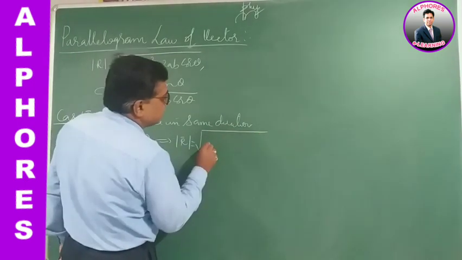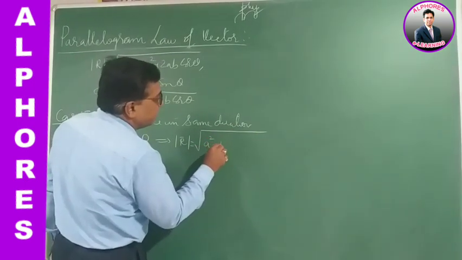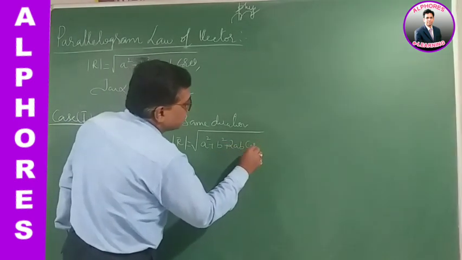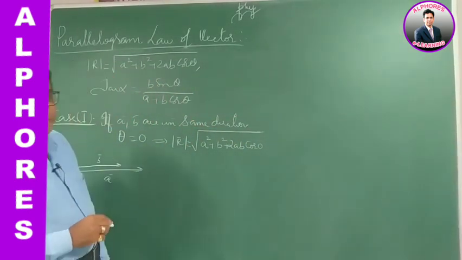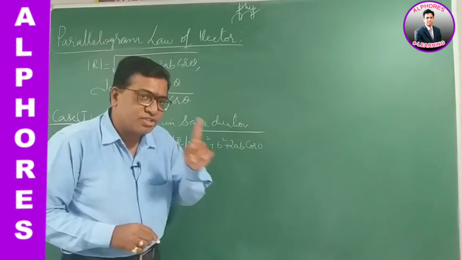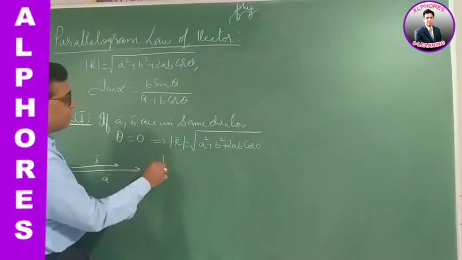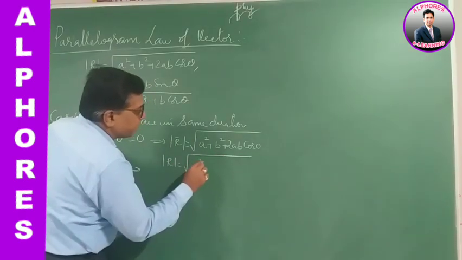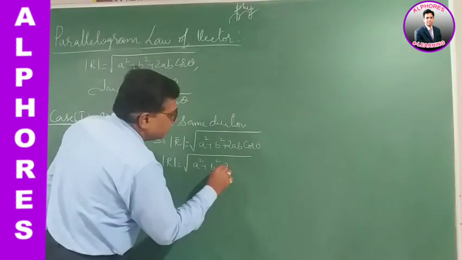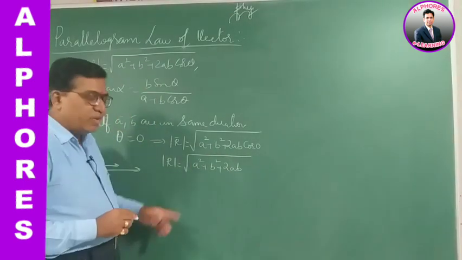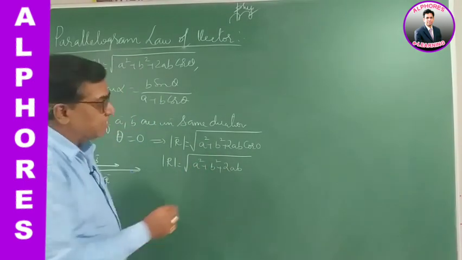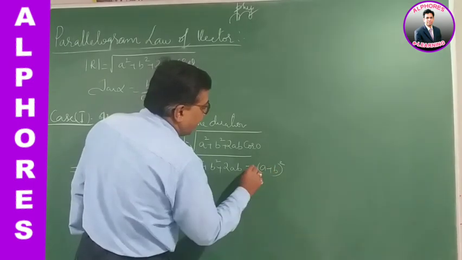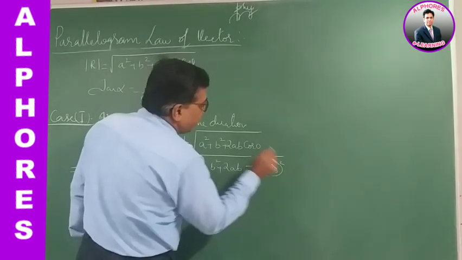The magnitude of the resultant is root of A square plus B square plus 2AB cos of the angle between them, cos 0. According to trigonometry, cos 0 is 1. So I get the magnitude of the resultant as under root of A square plus B square plus 2AB. But A square plus B square plus 2AB is nothing but A plus B whole square under root. Root and square cancel.